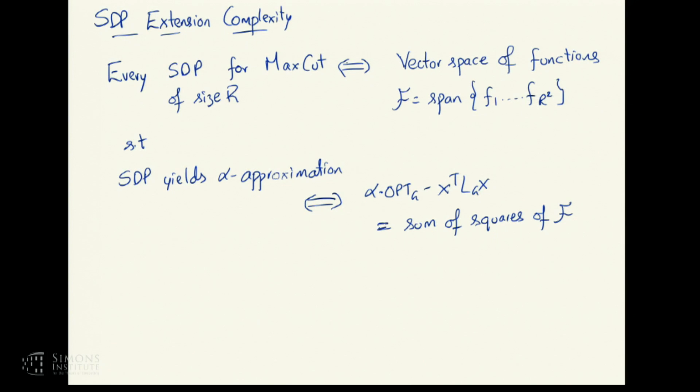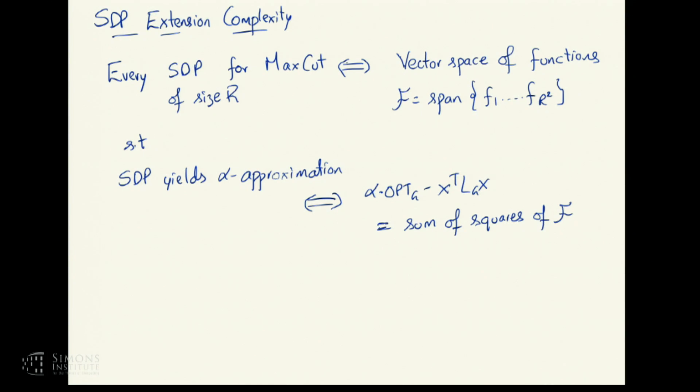Sort of the same thing is true with SDP extension complexity. I'll just state it. If you want to talk about SDP extension complexity for max cut, an SDP of size R for max cut corresponds to having a vector space of functions. Like I've written down the basis, so there's a vector space of R squared functions, such that the SDP yields an alpha approximation if and only if the slack can be expressed as a sum of squares of functions from that vector space.